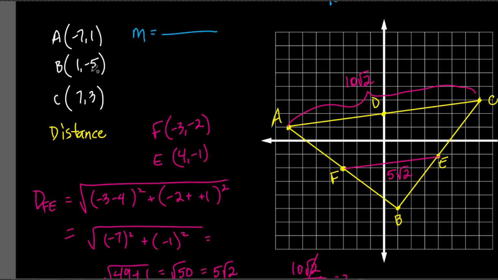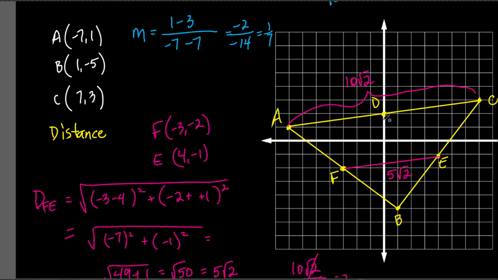Which ones are the y's with A and C? The 1 and the 3. So 1 minus 3. Let's subtract the x's with the A and the C. So it's -7 minus 7. Let's see what our slope is. That's -2 over what? -14. Reduce that. What is that? 1 over 7. So the slope of this is 1 over 7.